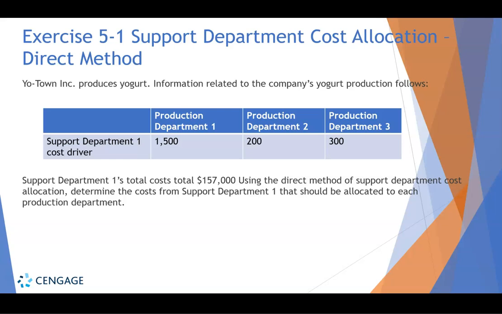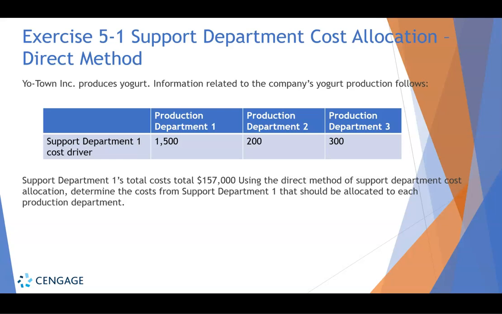Okay, so as we look here at this exercise, we're going to go through several exercises actually, so we can really understand these methods. This is exercise 5.1. Yotown produces yogurt. Information related to the company's yogurt production follows.